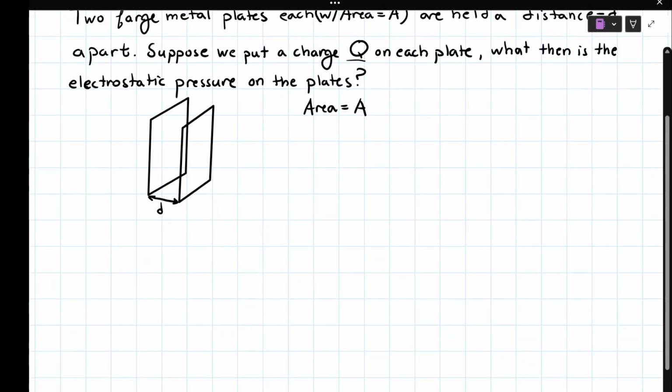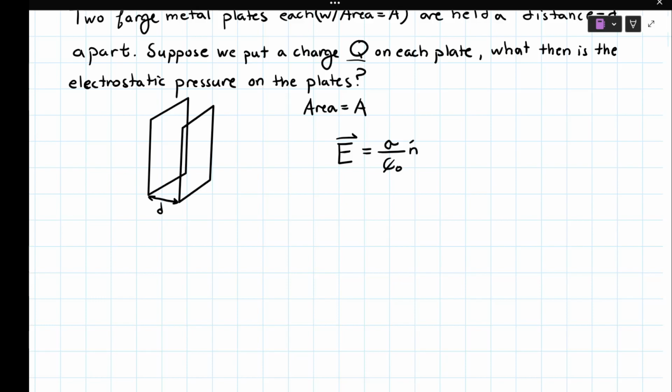So we know that in the simple case of something like this, where they're directly parallel planes, E is going to be a vector, and its magnitude will be sigma over epsilon naught, and it's going to be in the n hat direction.